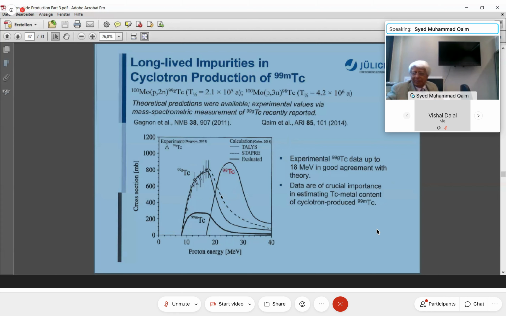In the end, if the possibility is there to produce at a cyclotron, some people say, for example, in Santiago de Chile, if there is no reactor available, and molybdenum-99 is not available, then a small cyclotron, a baby cyclotron, a 20 to 30 MeV machine, can give us technetium-99m, which could be used locally.